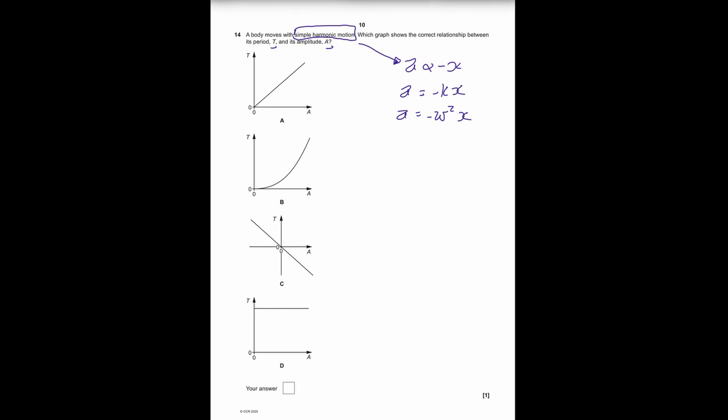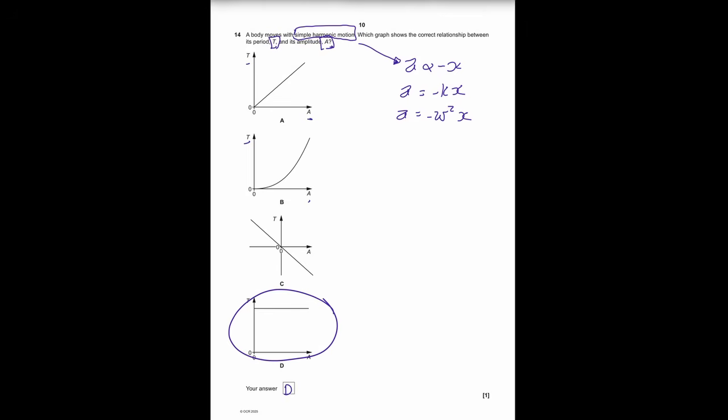But the other thing that you need to remember, because it's saying about the relationship between its period and its amplitude, what should I know about that relationship? I should know they're independent of each other. So all of these are about time period and amplitude. If they're independent of each other, what's the answer going to be? Well, it's going to be this, because there's no relationship between them. So regardless of what the amplitude is, the time period is going to be the same. So my answer is D there.